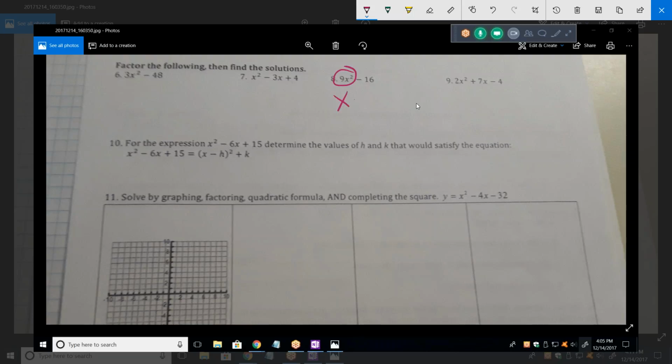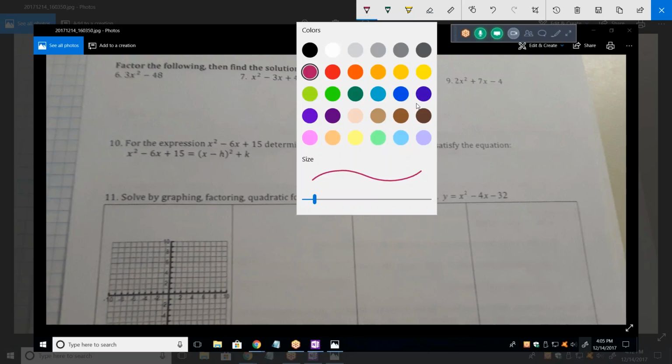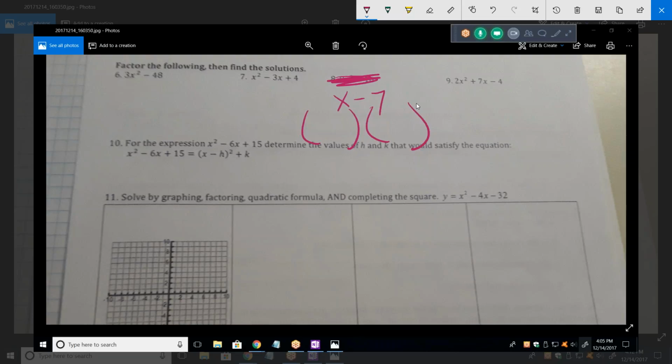Factor this for me. Not this one, but the one I just wrote. X minus 7. Factor that. There's no greatest common factor.